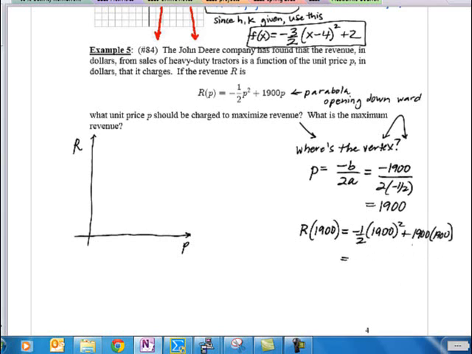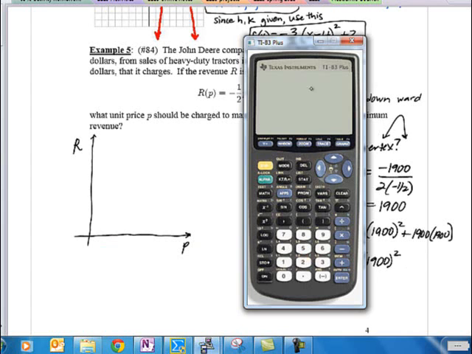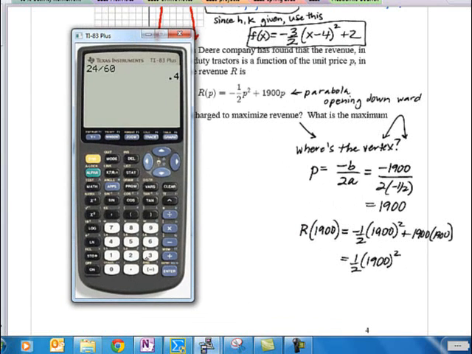So that's the same as a half 1900 squared. So let's find that value. Looks like $1,805,000.